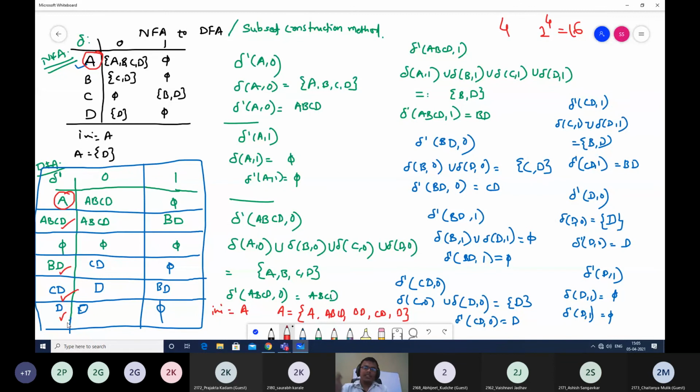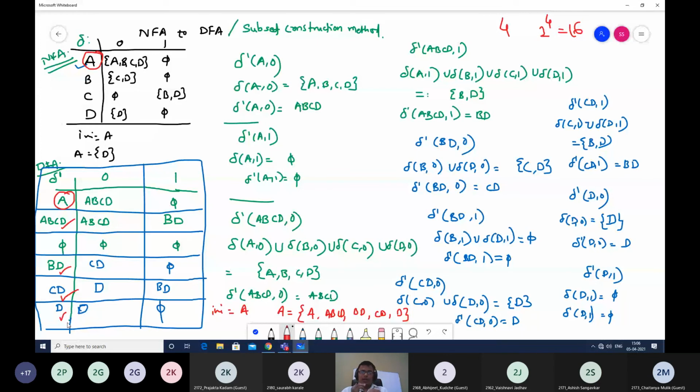But we don't usually get 16, we get less than that, because we are only considering those combinations which are reachable from our initial state. We start from A. We are not supposed to calculate all combinations of zeros and ones like we did in case of NFA null to NFA. No. When we are converting NFA to DFA, we start only from the initial state and calculate its delta dash for 0 and 1.